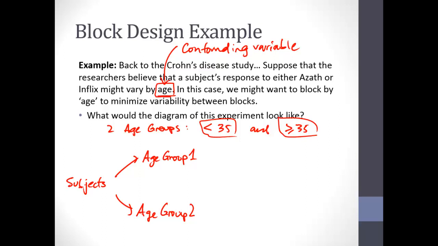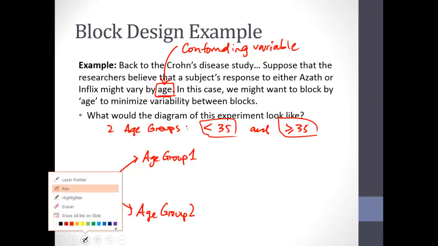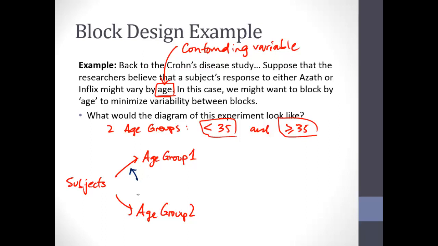We just had 3 treatment groups. So I've split my people into age groups, and let me make a note here. This is done non-randomly. Whatever your age is, that determines what group you go in, not some sort of random assignment.